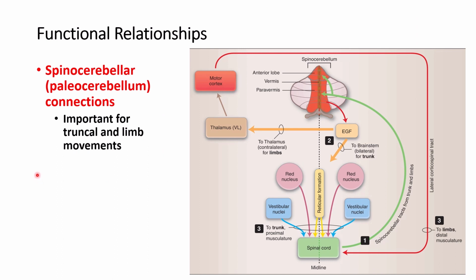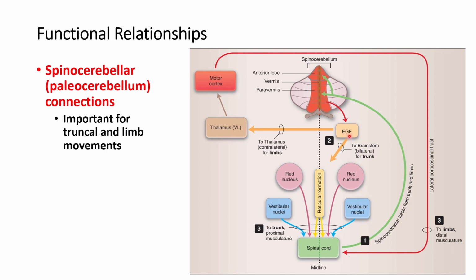Another tract or connection is between the spinal cord and cerebellum. This is the spinocerebellar connection. If you look at it here, the information that the proprioceptors are sending to the spinal cord, from the limbs and from the trunk, goes to the anterior lobe, vermis area, and also the paravermal area.